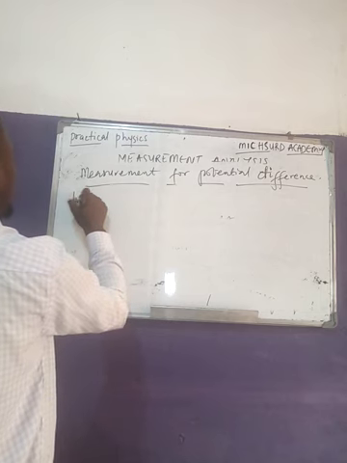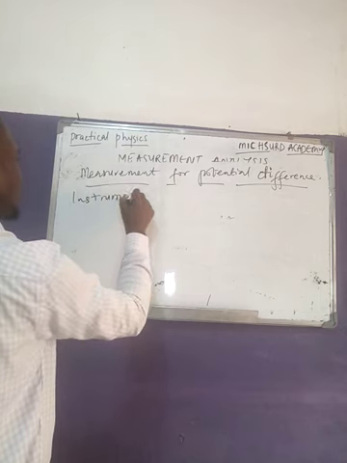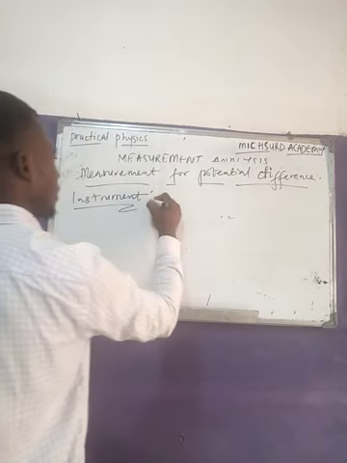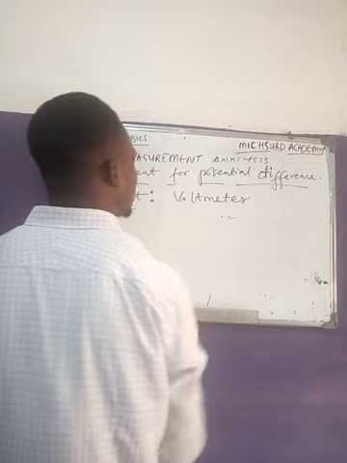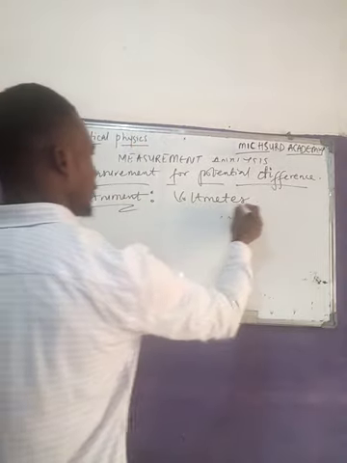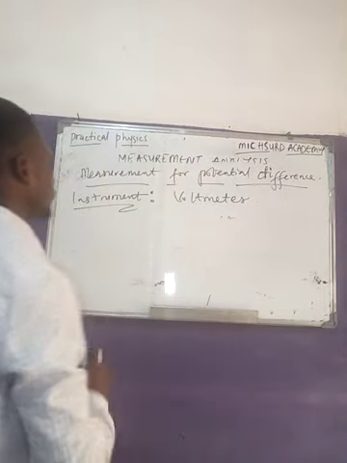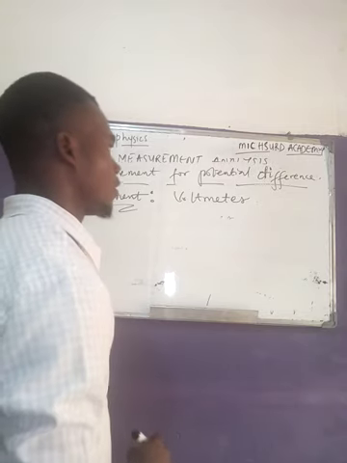The instrument we can use to measure the potential difference is called the voltmeter. All right, so this is where we are going to stop for today's course.